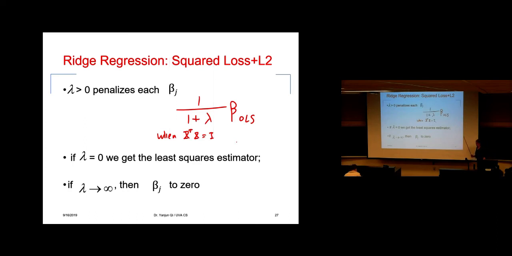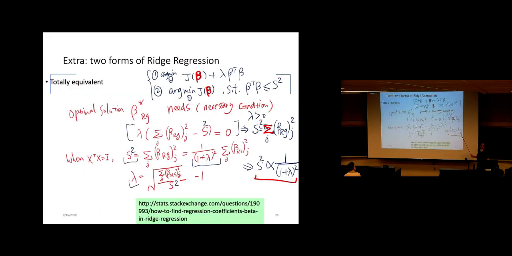All right, so when lambda is equal to 0, what is this? We are getting the ordinary least squares solution.